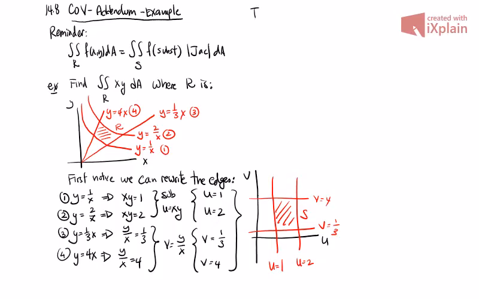The integrand is xy, but if we look down, that's just u. So that's done. That's easy. The last thing we need is the Jacobian.